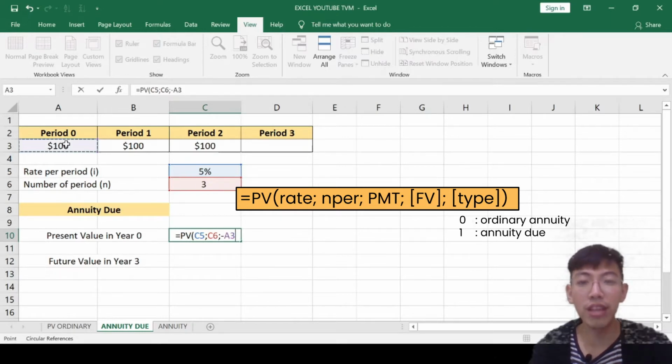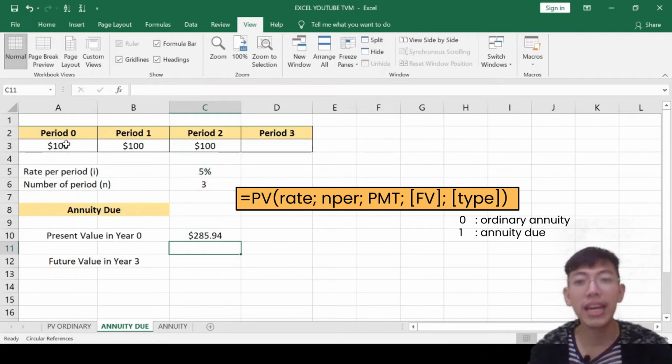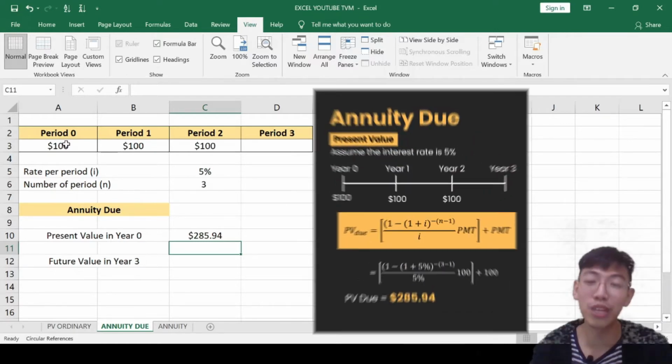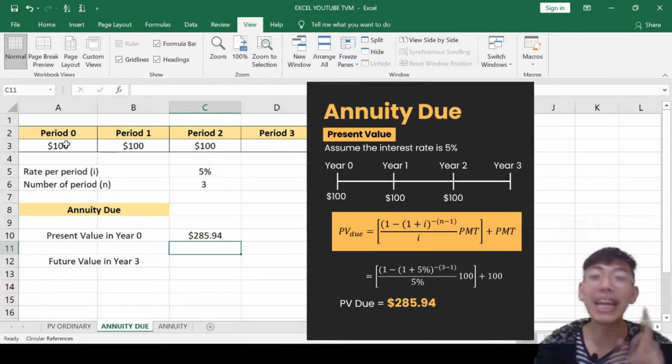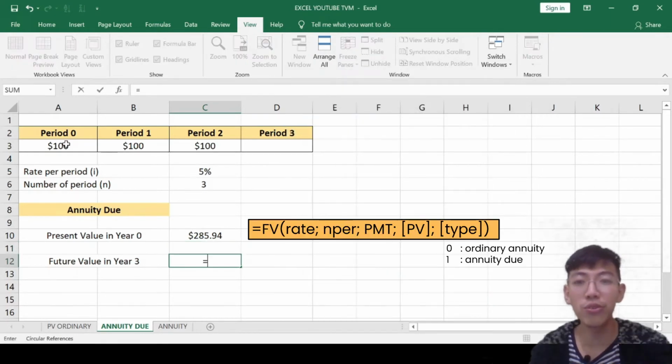FV, we don't know, so skip it. And then the type is 1 because it is annuity due, the beginning of the period. It equals 285.94. Let's go to our previous calculation in the previous video. It gives the same value, 285.94.